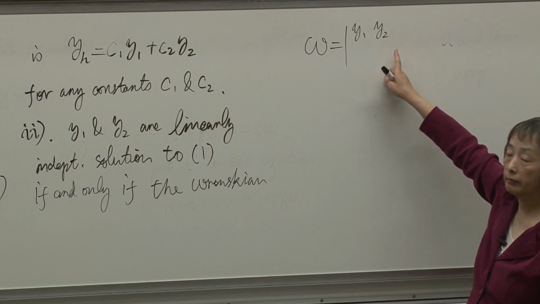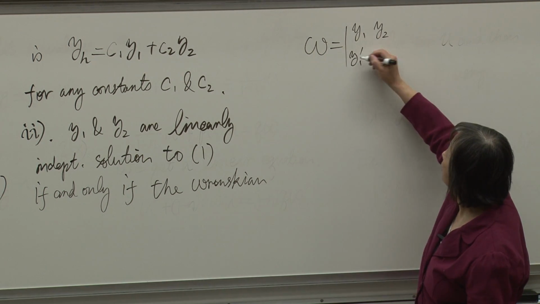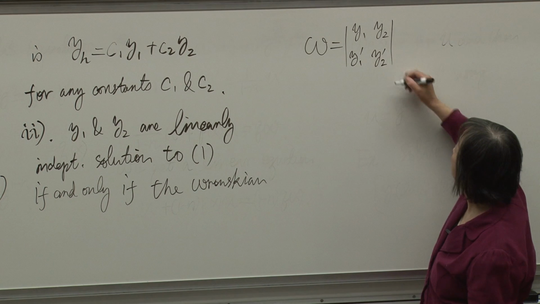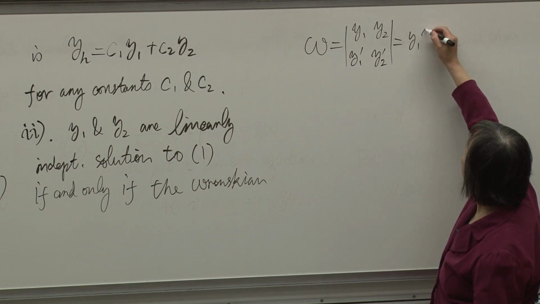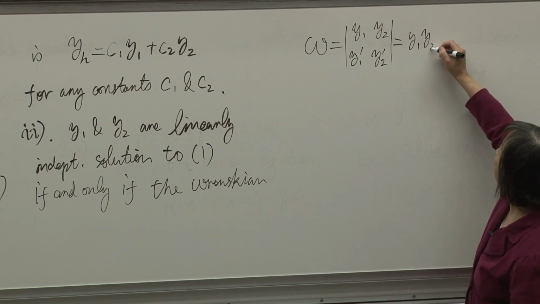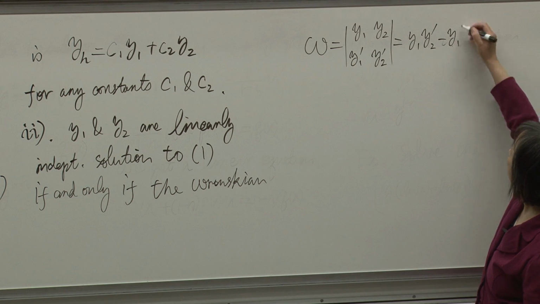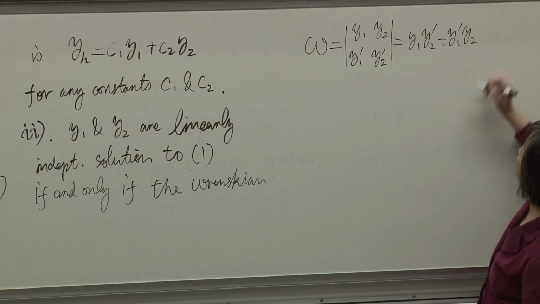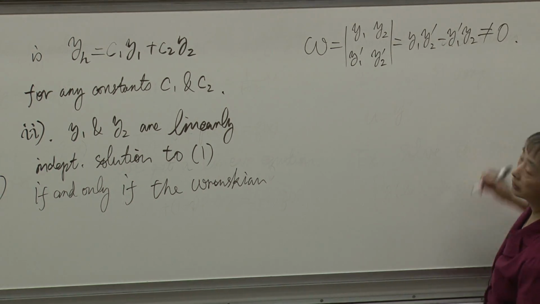First row is y1, y2. Second row is the derivatives of y1 and y2. If we compute, we get y1 times y2 prime minus y1 prime times y2, which is not 0.